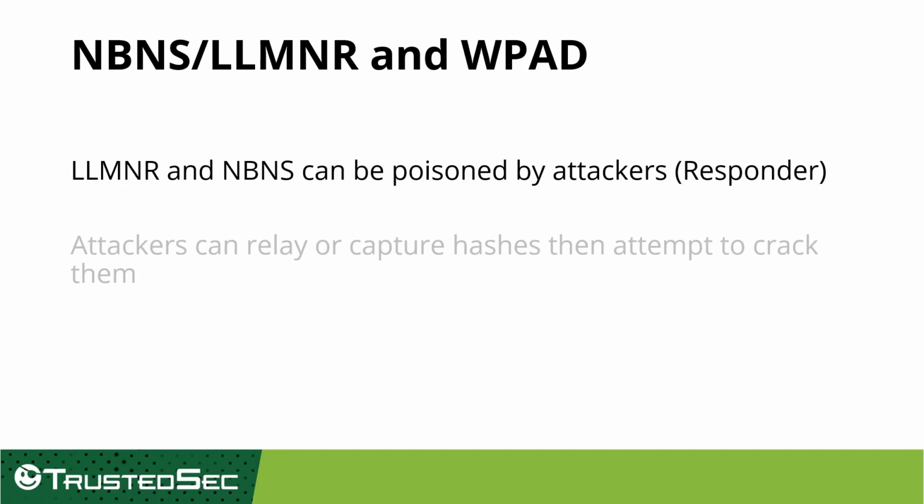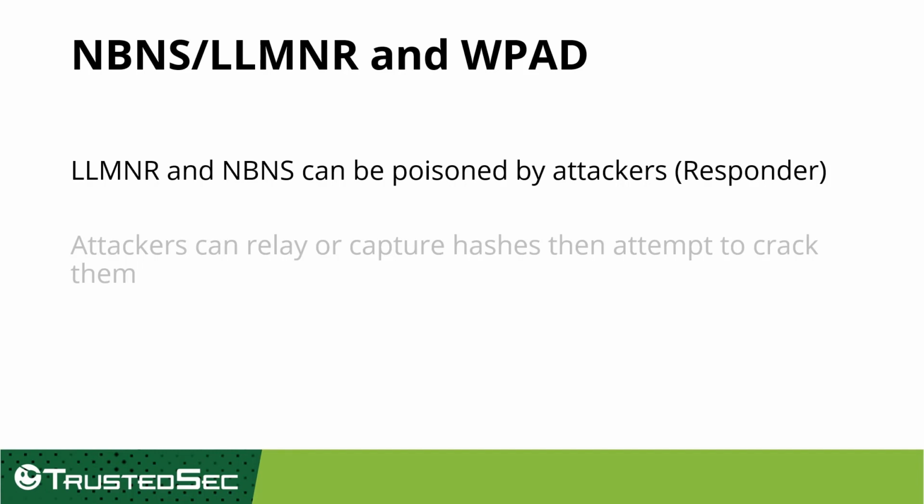As mentioned in the previous slide, LLMNR and NBNS broadcasts can be poisoned, and one of the most known tools for doing this is Responder. The tool will attempt to answer these broadcasts, and if the computer tries to initiate a communication afterwards, it attempts to capture either the plaintext password or the password hash.